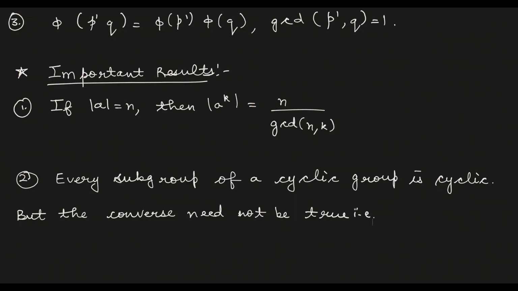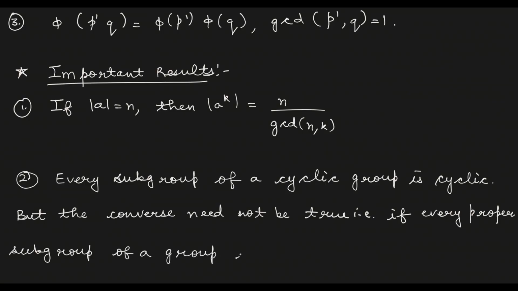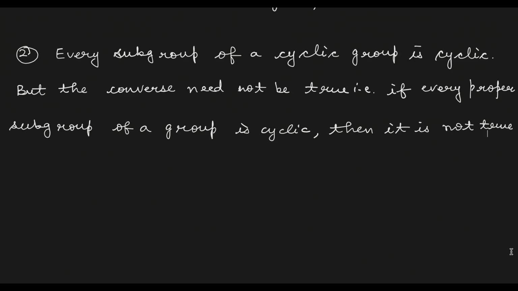That is, if every proper subgroup of a group is cyclic, then it is not true that the group is cyclic.